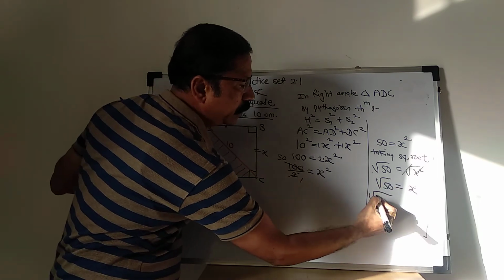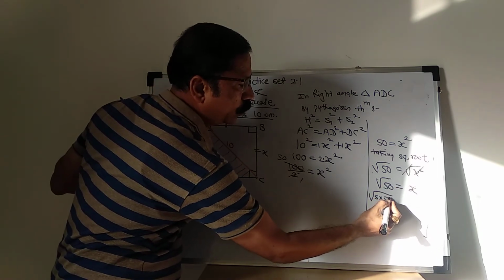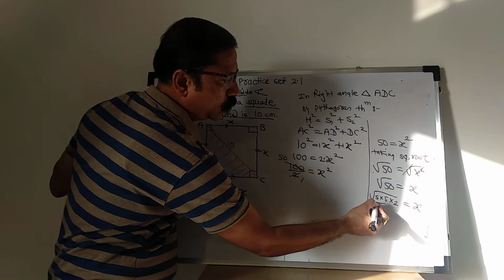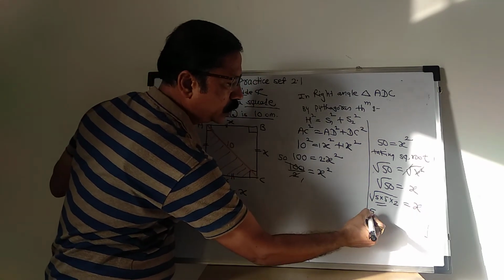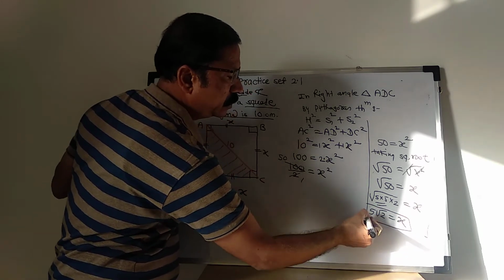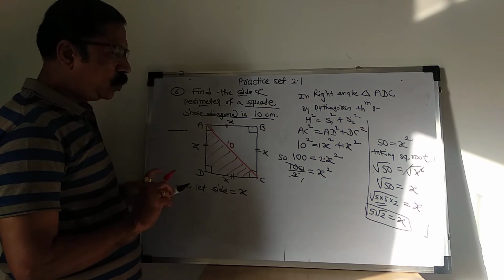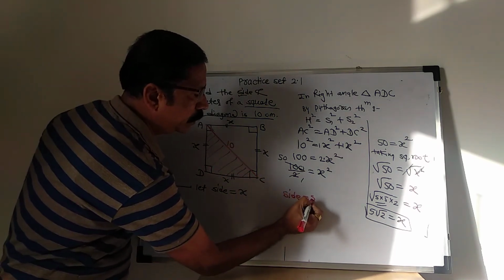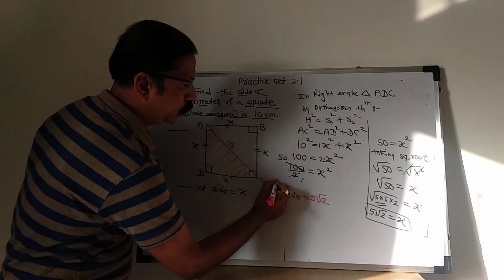Root 50 can be written as root of 5 into 5 into 2. Out of two same numbers, take one out. So the value of x is 5 root 2. So we got the length of the side. Side is equal to 5 root 2.